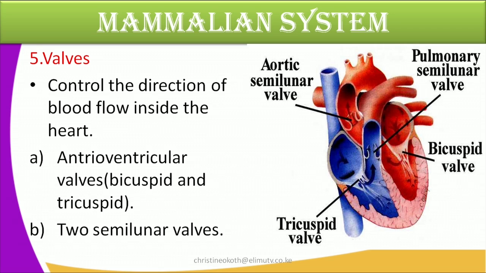So that is the bicuspid and the tricuspid. If you can observe the situation here, we have the tricuspid valve and then we have the bicuspid valve. Then we have the two semilunar valves. One is found on the aorta. So we have the aortic semilunar valve and we have the pulmonary semilunar valve. And we've said the sole function of the valves is to prevent the backflow of blood.